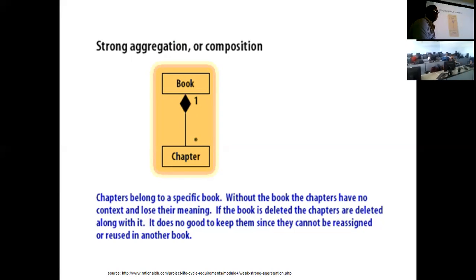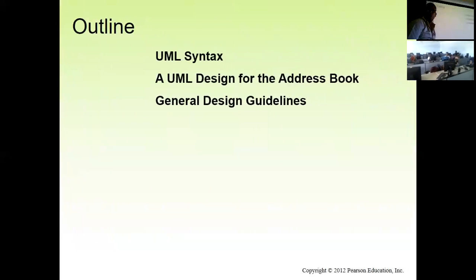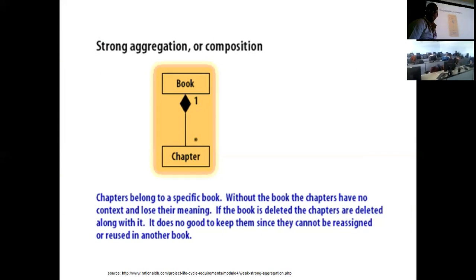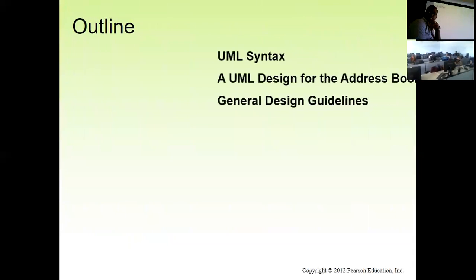And that really means that there's no use for one if the other that uses it does not exist. Now, strong aggregation is called composition, all right? And then, of course, the other, as I said before, is just weak.